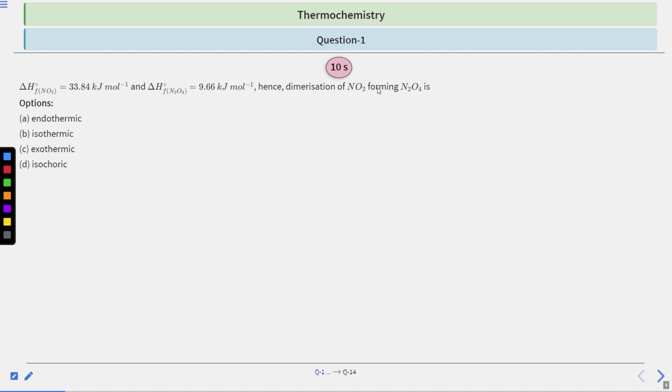Hence, dimerization of NO2 forming N2O4 is: the options are endothermic, isothermic, exothermic or isochoric. So you have to tell the type of reaction which will happen when we do the dimerization of NO2 forming N2O4. You have 10 seconds to solve this question. After that, we will see the answer.